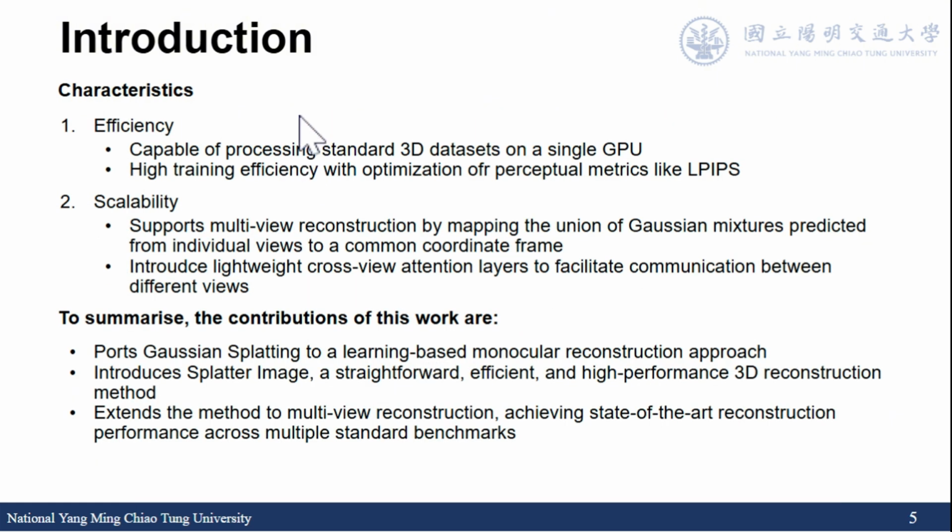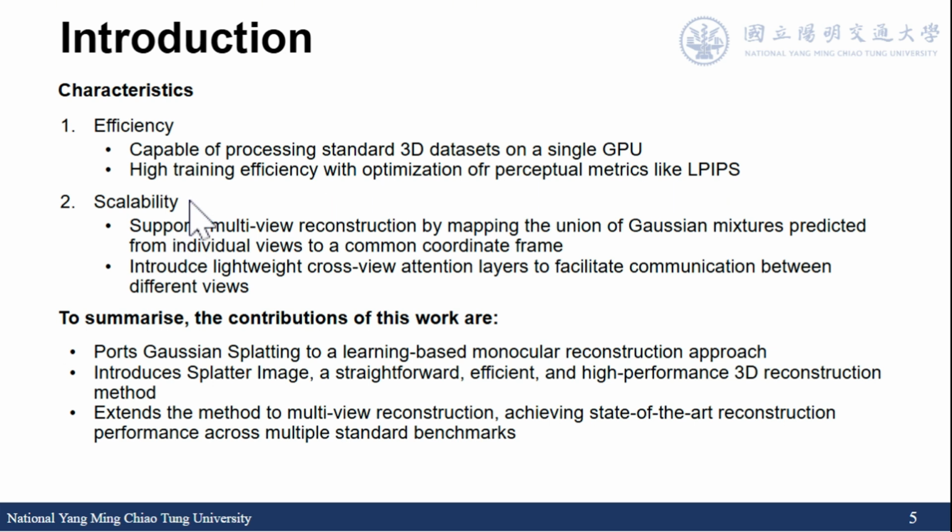Based on the above model design, Splatter Image exhibits several notable characteristics. First of all, Splatter Image demonstrates high efficiency. It can process standard 3D datasets using only a single GPU, optimizing for perceptual metrics like LPIPS to ensure high-quality reconstructions.